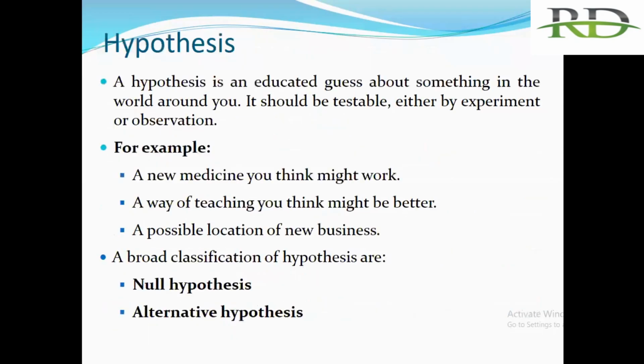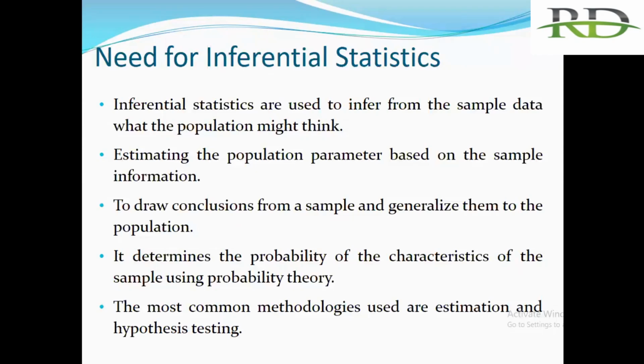On the other hand, if it comes from a population which is non-normally distributed, that is scattered, then we go for the corresponding non-parametric test. Both are equally good and both are used for statistical analysis.